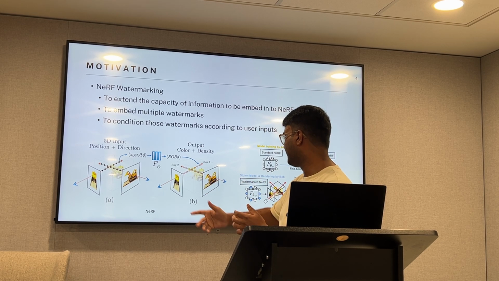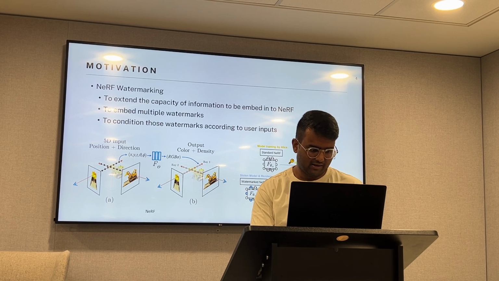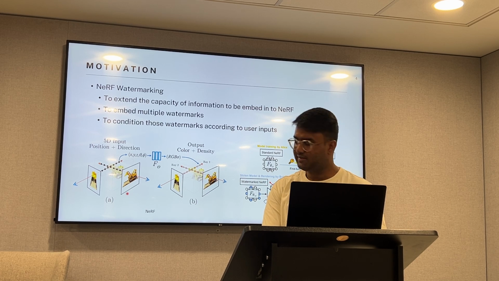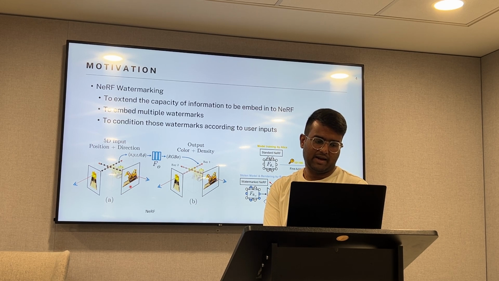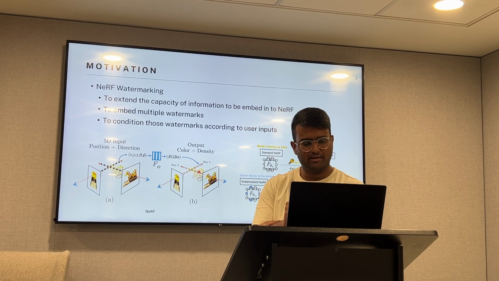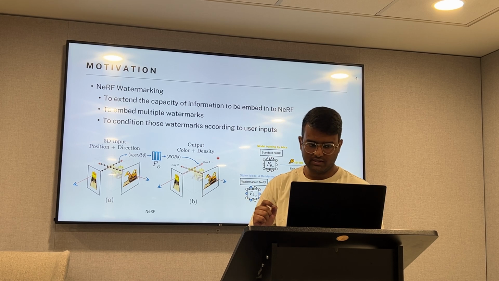NeRF is one MLP where we have a set of images, and we try to reconstruct the same images. There are many processes going through it, like resampling and volumetric rendering, but we don't really need to know about that. The inputs are the position and the viewing direction, and we get the color and density as the outputs in NeRF.